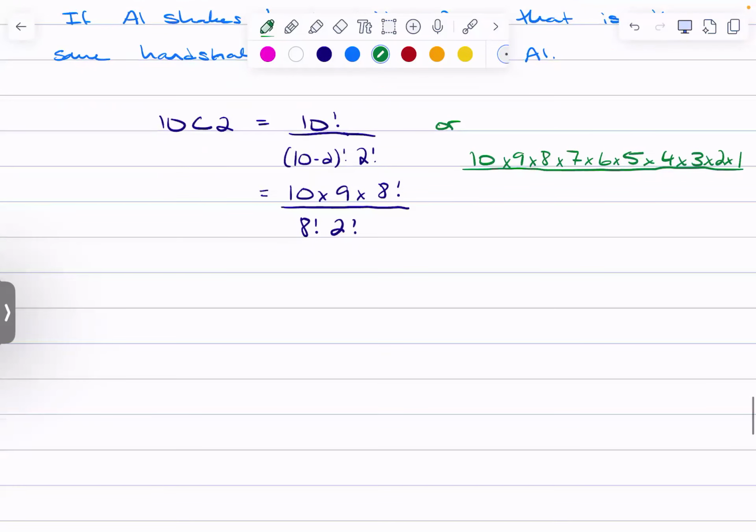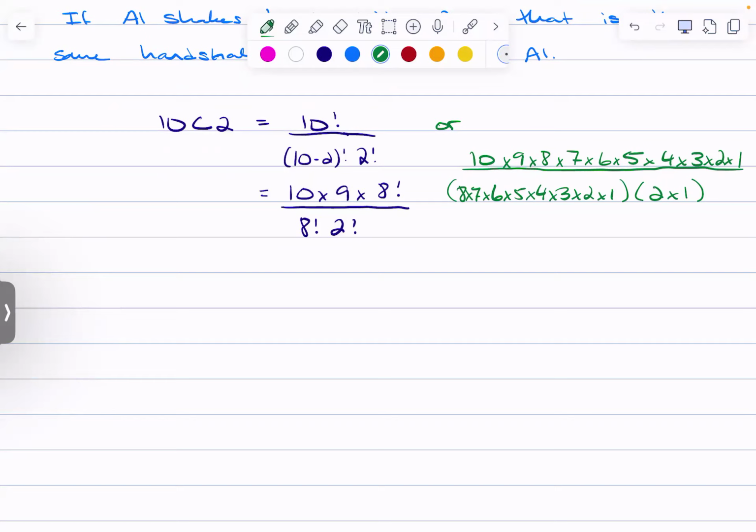Divided by 8 factorial, which is 8 times 7 times 6 times 5 times 4 times 3 times 2 times 1, times 2 factorial, which is 2 times 1. That's not wrong. I wouldn't mark you wrong for that.